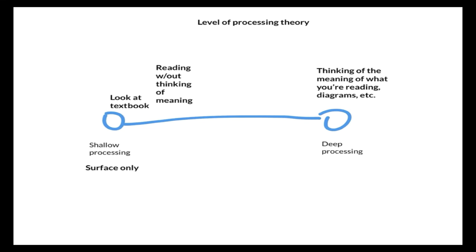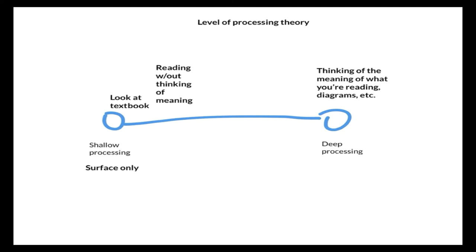Sounding things out, listening to someone speak to you is relatively shallow, but starts to move a little bit towards the middle along this continuum. And then more on this side of the continuum, we really have thinking about the meaning of what you're looking at, maybe drawing diagrams and those kinds of things. So that's the very basics of level of processing theory.